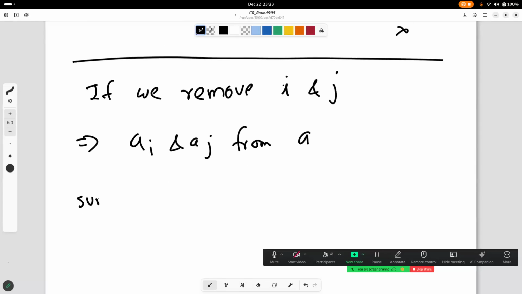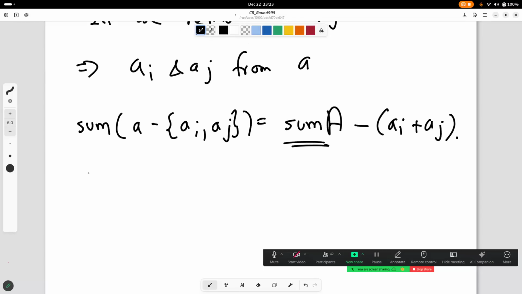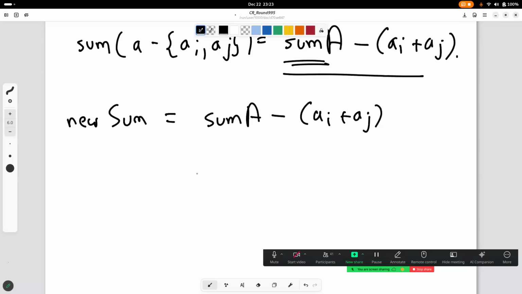Well, in that case, your sum would be the total sum of a initially, minus a of i plus a of j. So the new sum of a would be the previous sum of a, the initial sum of all elements in a, minus a of i and a of j, which you remove from this array.